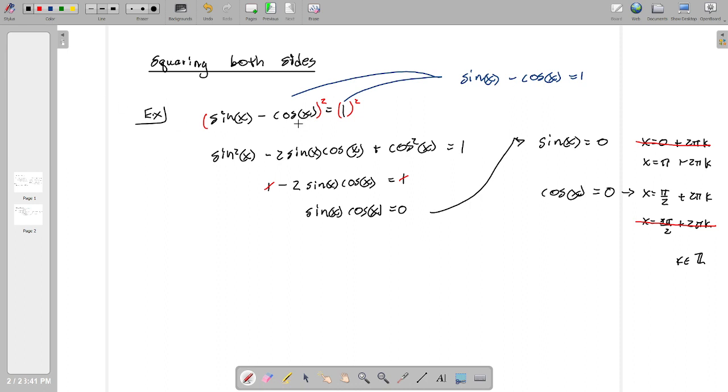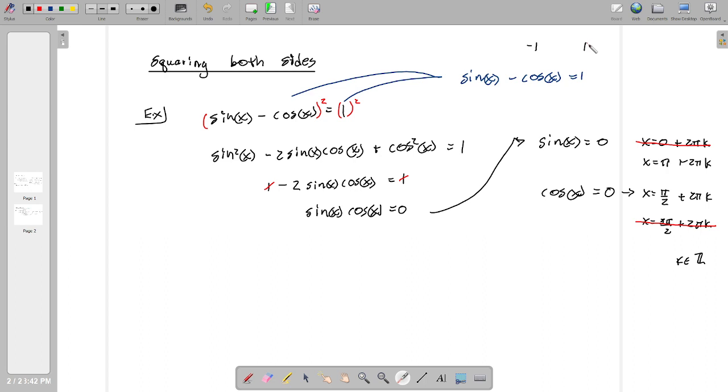Now, we squared in the very first step. So if we plug in 0, notice that we get a negative 1 on the left and a 1 on the right. Now, if we square both of these, which is what we do in the first step, then we would have a positive 1 is equal to a positive 1. And that's because when we square both sides, remember, a negative times a negative is a positive.